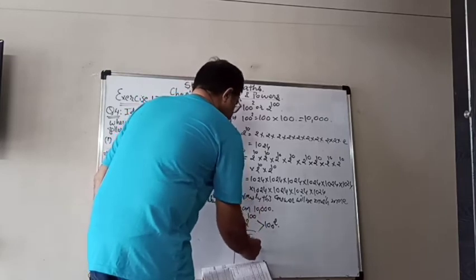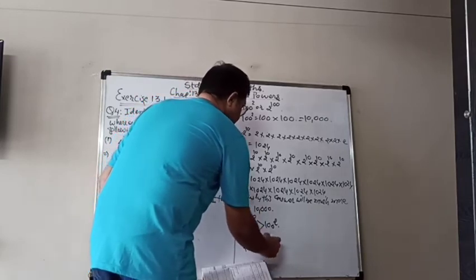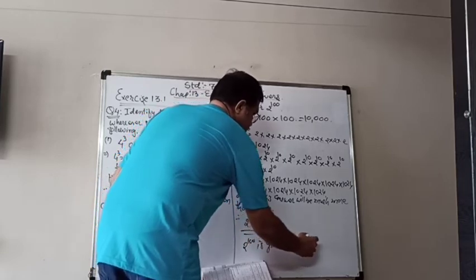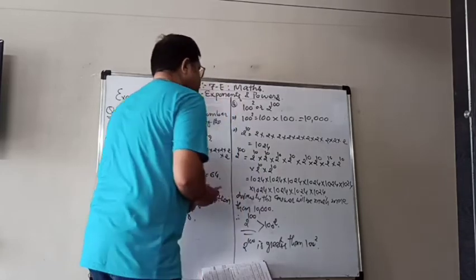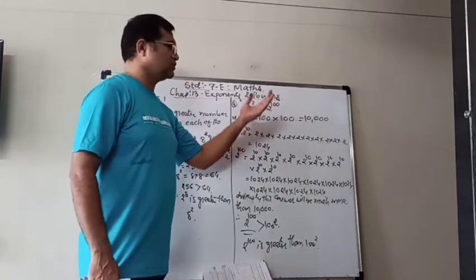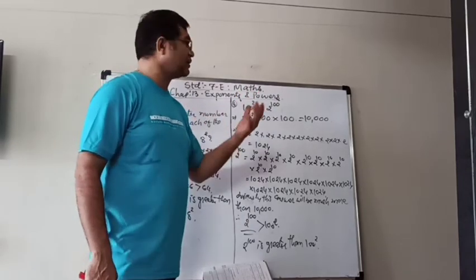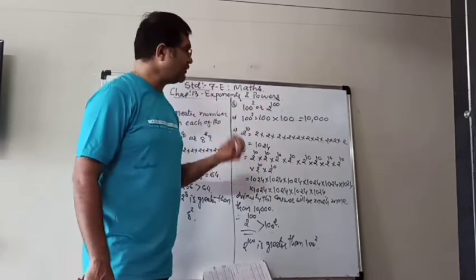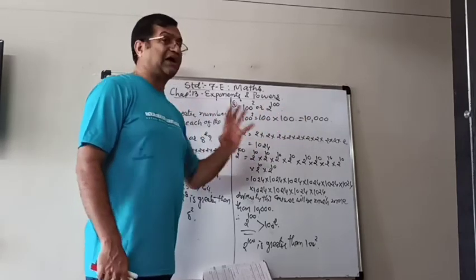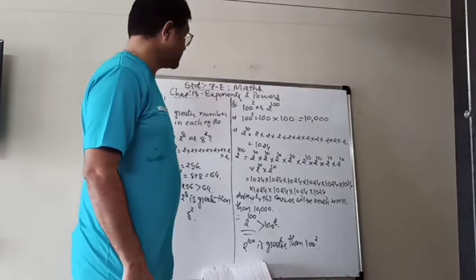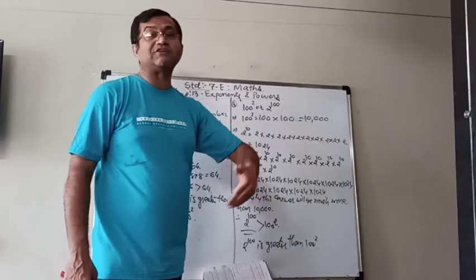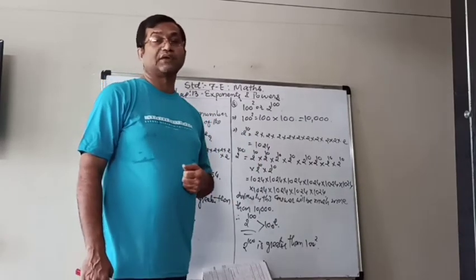So here 2 raised to 100 is greater than 100 squared. You can see that when it is not easy, I am not saying it is impossible, it will take a long time, and therefore I split it into 10 parts of 2 raised to 10. It means 1024 we have to multiply with itself 10 times.